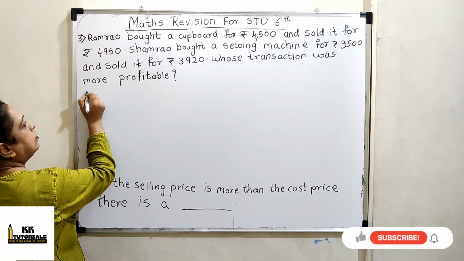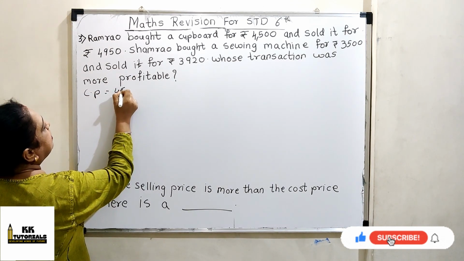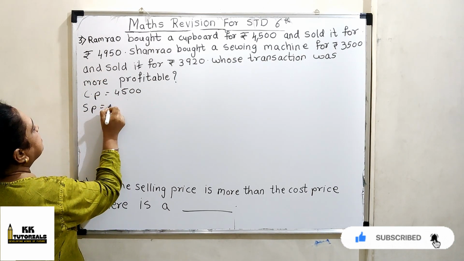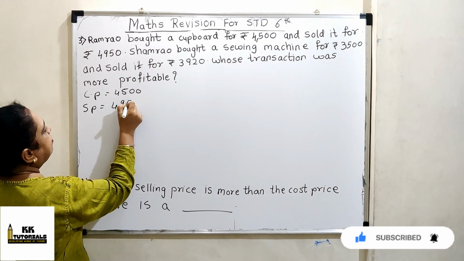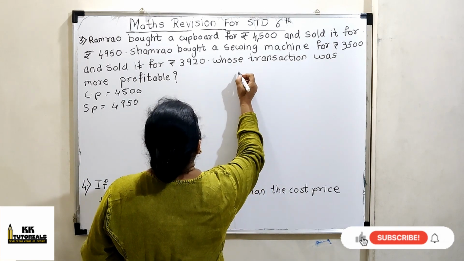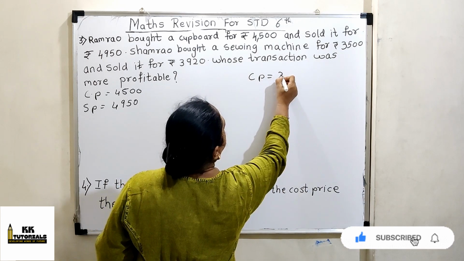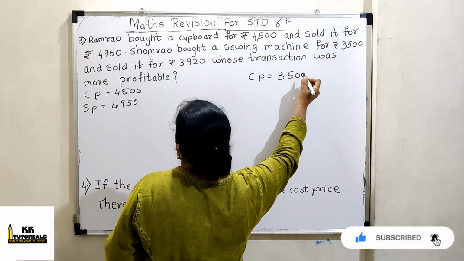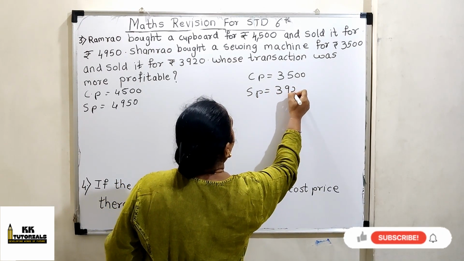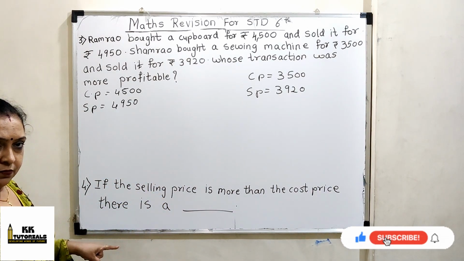Cost price 4,500 and selling price is 4,950. And same way here also, Shamrao bought the sewing machine, cost price is 3,500 and selling price is 3,920. Both these transactions are profitable.